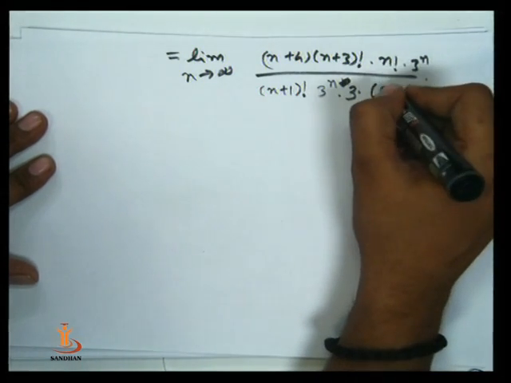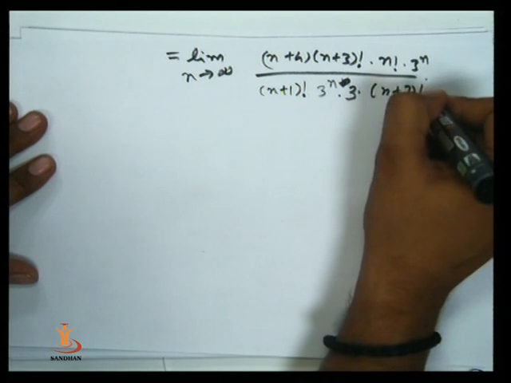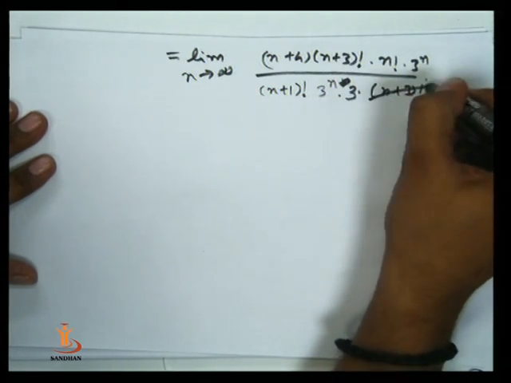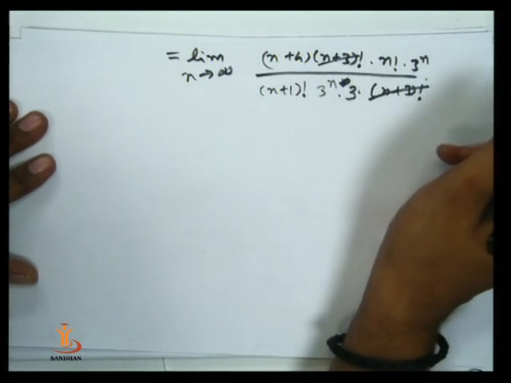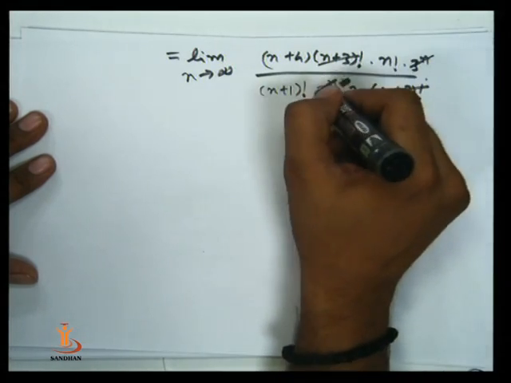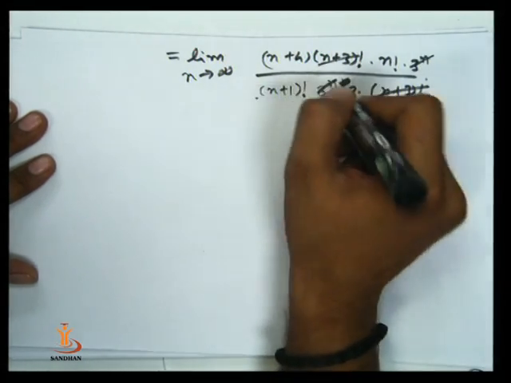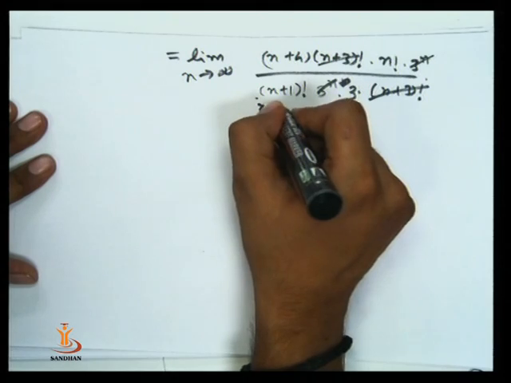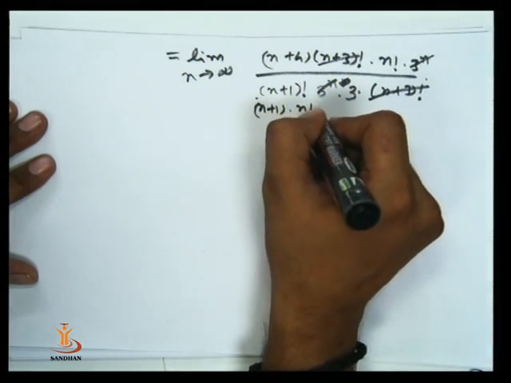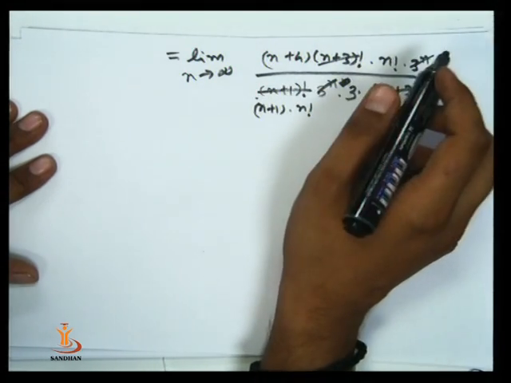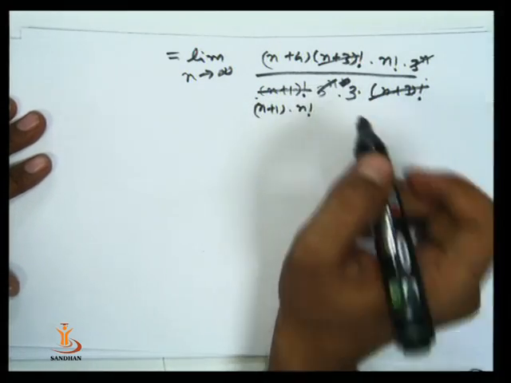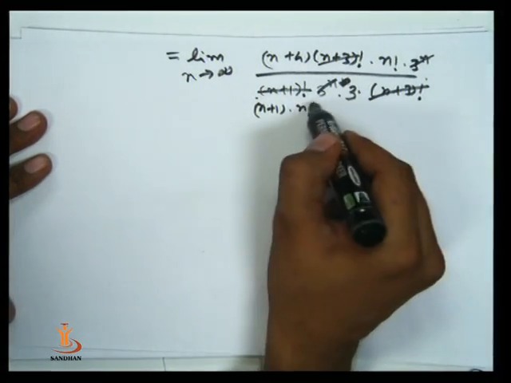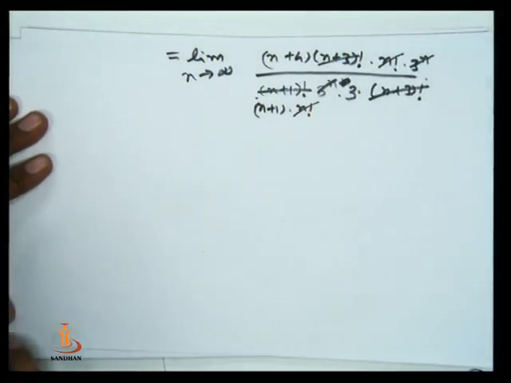Then (n+3)! cancels out, 3^n cancels out, and (n+1)! is nothing but (n+1) into n!. So n! is cancelled out.